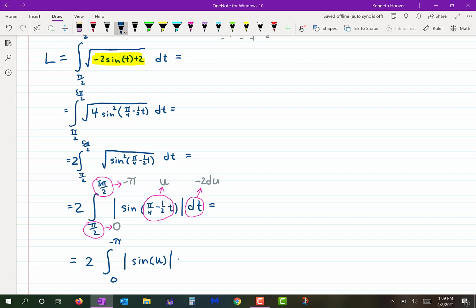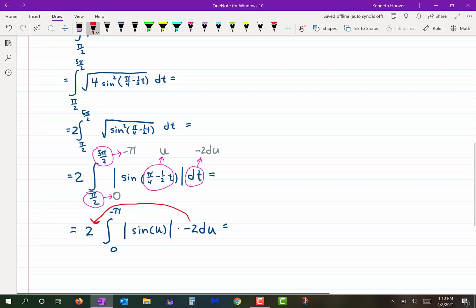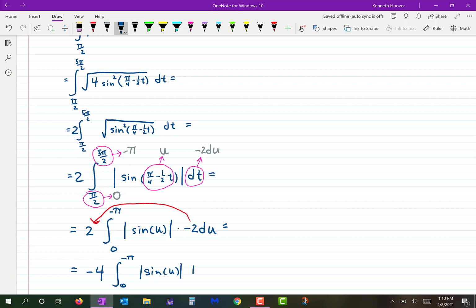And then at the end we have times negative 2 du. Okay, I'm going to take that negative 2 and move it out here in front. And when it hits the 2 that's already there, we end up with negative 4 times this integral. Okay, this should now be very, very easy.